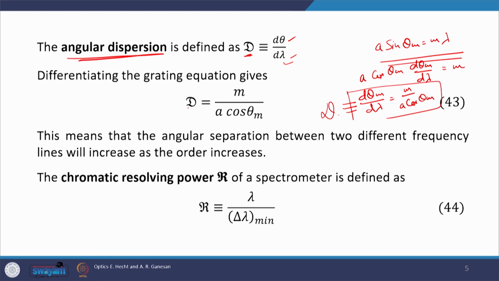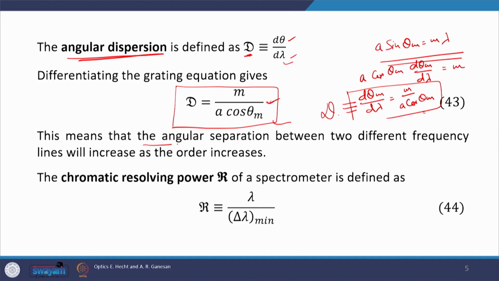Therefore, this is for the grating. For normal incidence, we can again write this expression for angular dispersion in a modified form, and this equation is again valid for oblique incidence too, because the angle of incidence is fixed. This means that the angular separation between two different frequency lines will increase as the order increases.